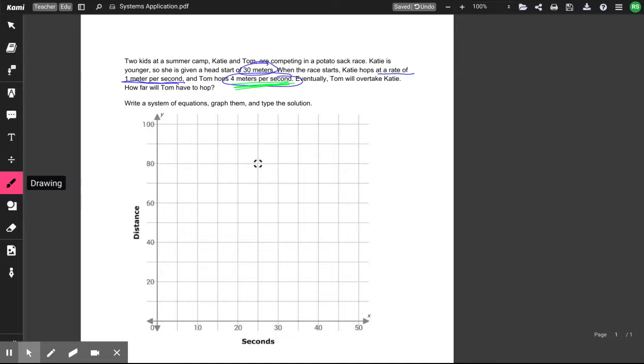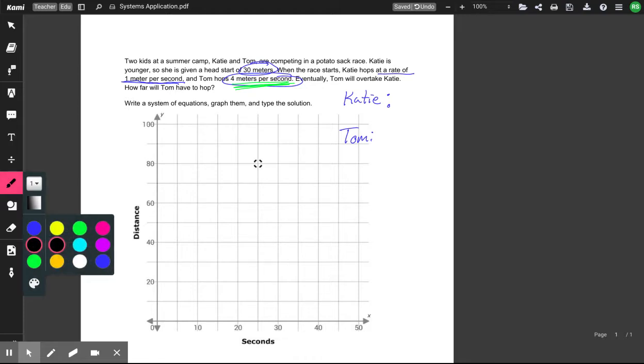So if we think about interpreting each person's distance being traveled as a linear equation, we know that Katie gets a head start of 30 meters. So she's 30 meters ahead of Tom. So Tom is really starting at 0 at the origin, and we know that Katie is going to be starting at 30.